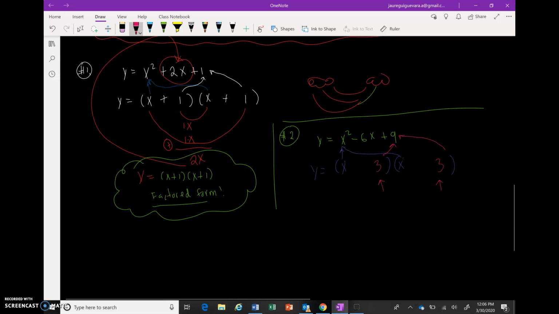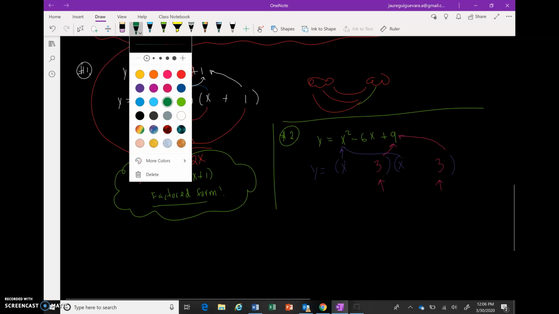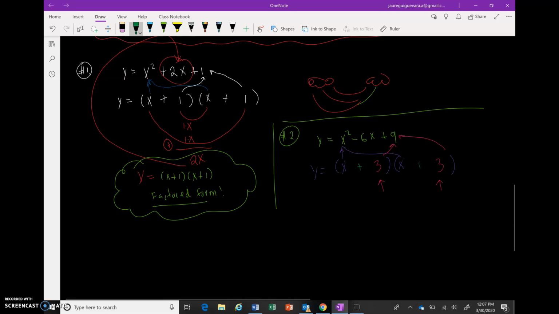So then I'm going to do my little rainbow check. If I make them positive, right now I don't know if it's positive 3 on both or either one negative, I don't know that yet. So I'll do my rainbow. 3 times x gives me 3x. And 3 times the x over here gives me 3x.